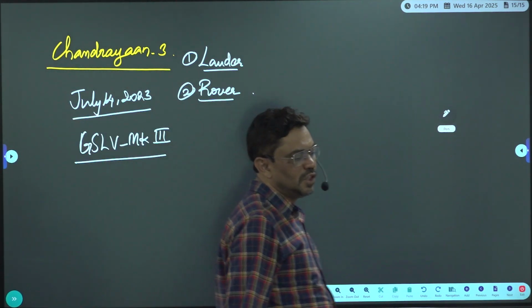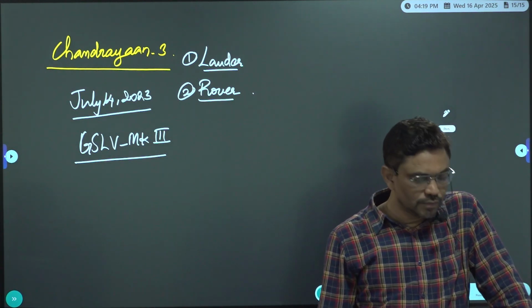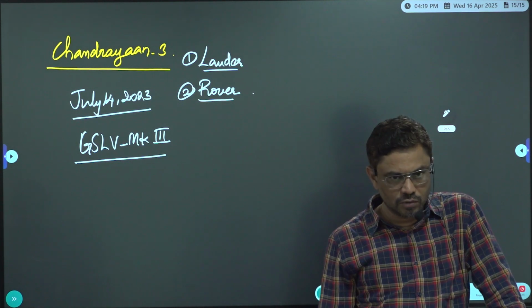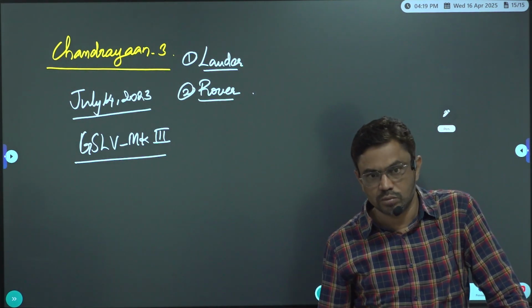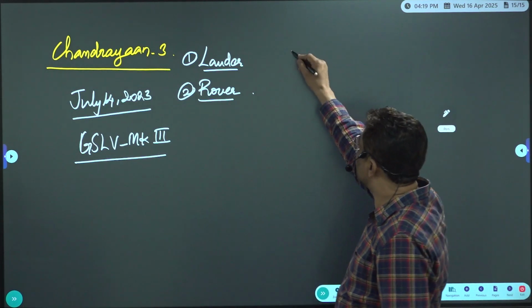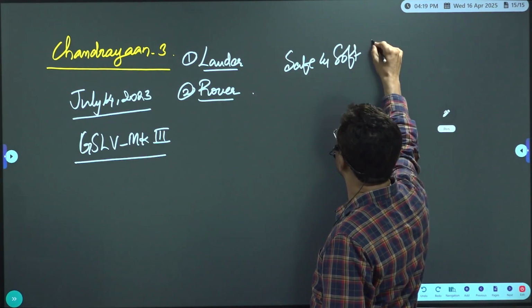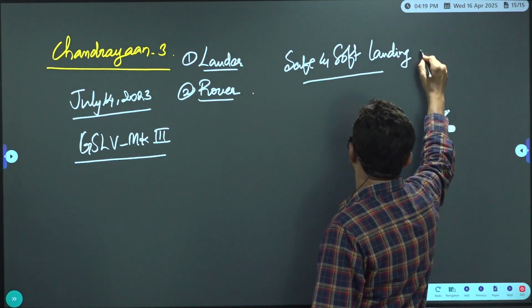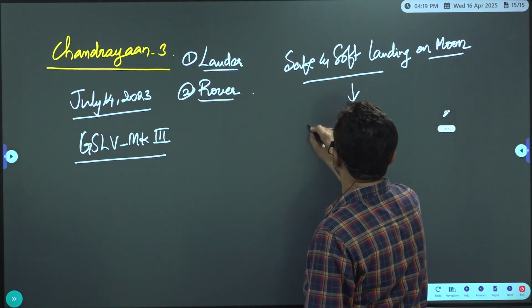The main objective of this Chandrayaan 3 is to demonstrate safe and soft landing on the moon, particularly onto the South Polar region.